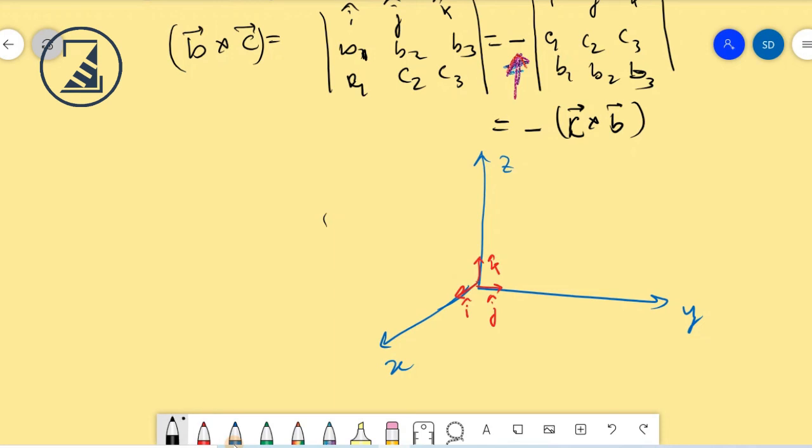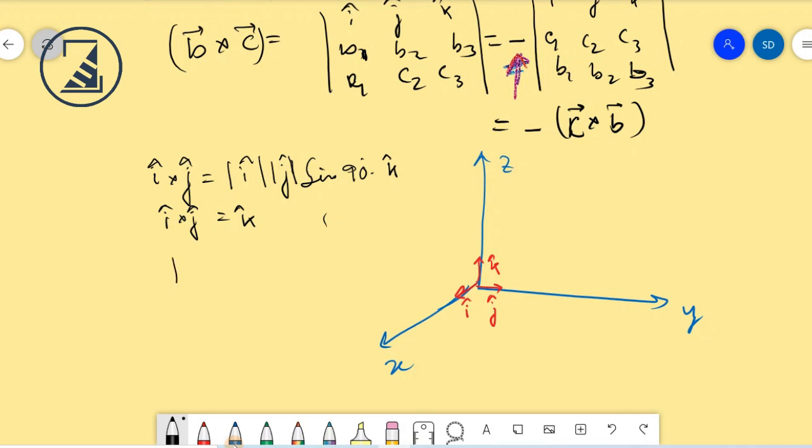Now what is i cross j? I cross j is nothing but magnitude of i, magnitude of j into sine 90 multiplied by n cap. Here n cap is a direction perpendicular to i and j, and that unit vector is nothing but k cap. So i cross j is k.